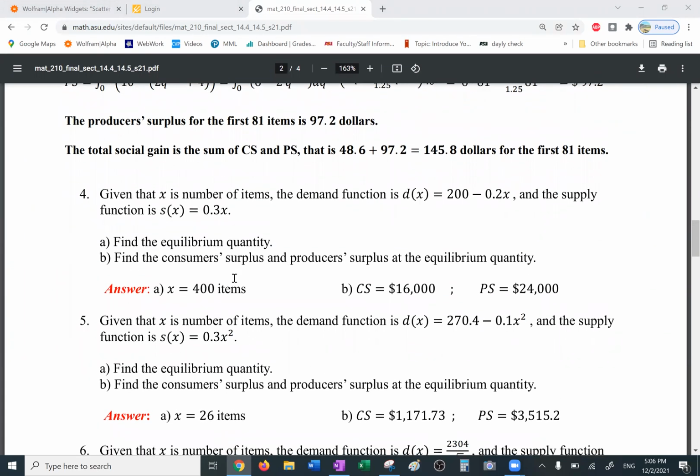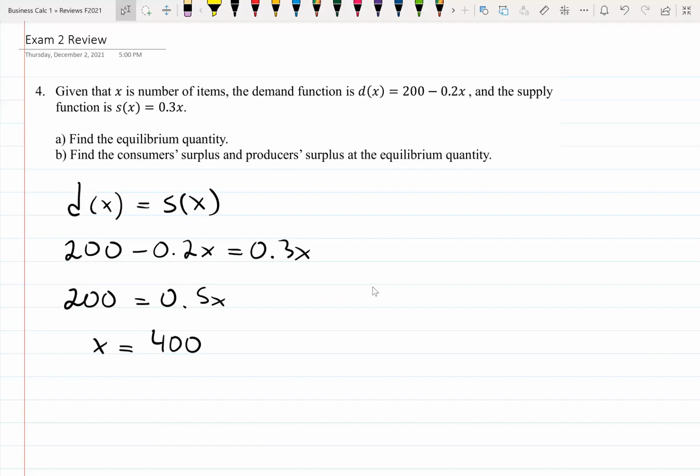Now, how do we find the consumer surplus and producer surplus at the equilibrium quantity? CS and PS. What does that mean? Who remembers that? The cost and the price. CS and PS. So what do we do to find these two? A, B. Who remembers that? Just plug in S of 400. So we got 400.